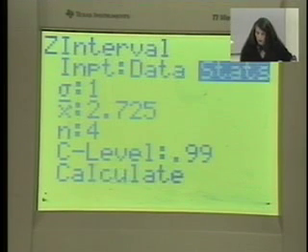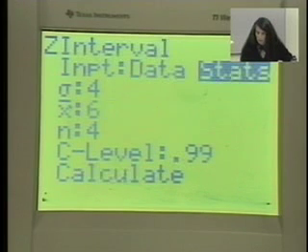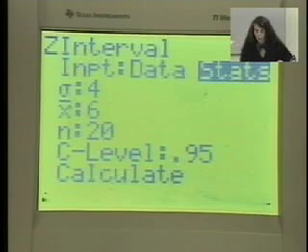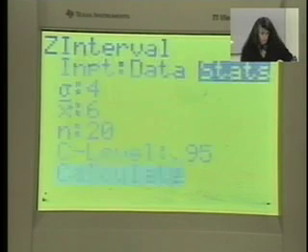It says to arrow down and enter sigma equal to 4. Arrow down again. X bar, the sample mean, is 6. And n is 20. And our level of confidence is 0.95. C-level means confidence level. And then we want to just arrow down to calculate and press enter.